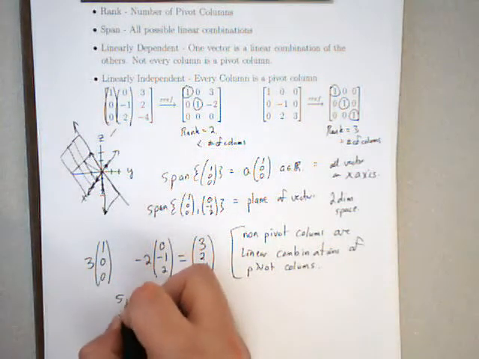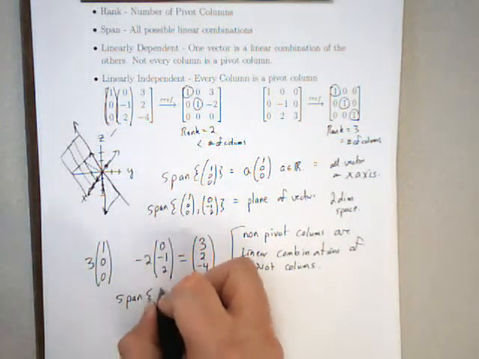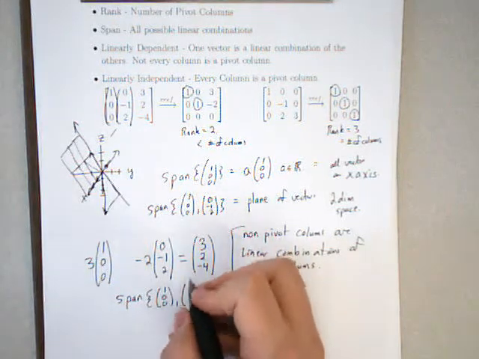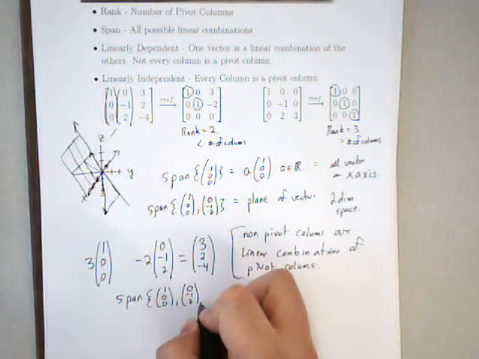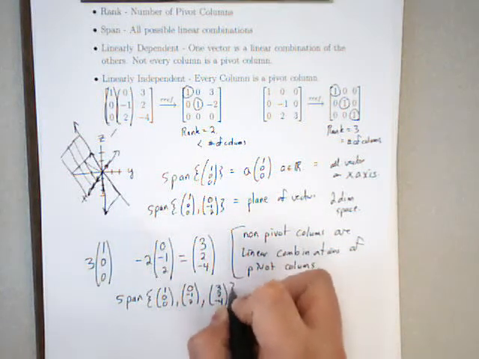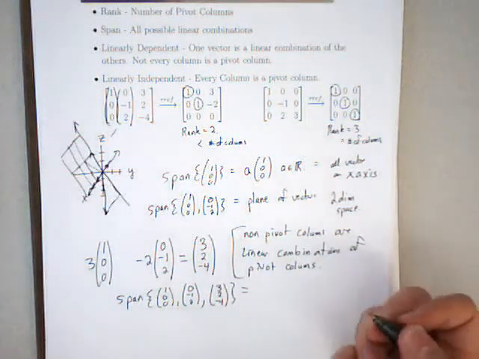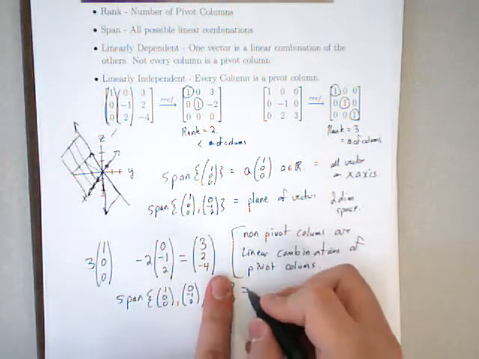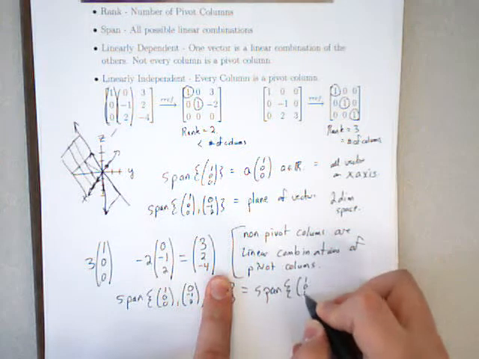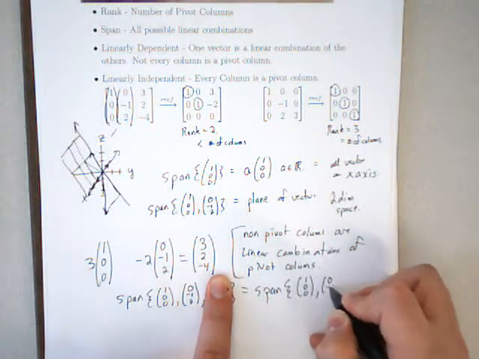So if somebody were to ask me what is the span of the space formed by the three vectors 1, 0, 0, 0, negative 1, 2, and then 3, 2, negative 4, I would have to say, well, adding this third vector in did nothing. If I remove it, I still end up with the exact same thing.